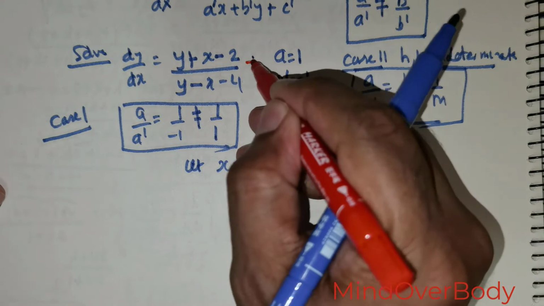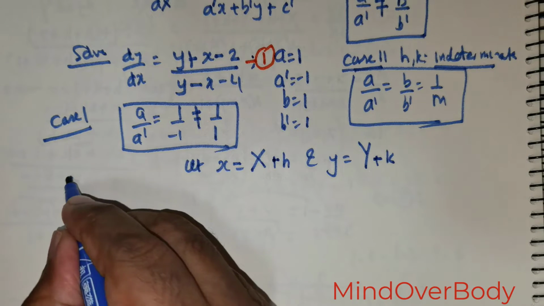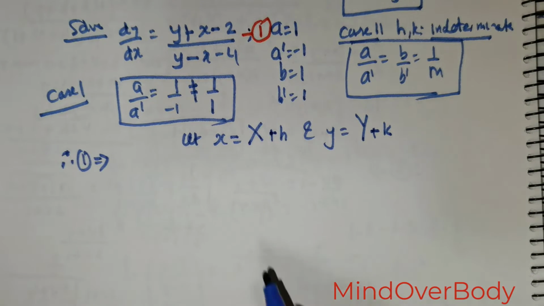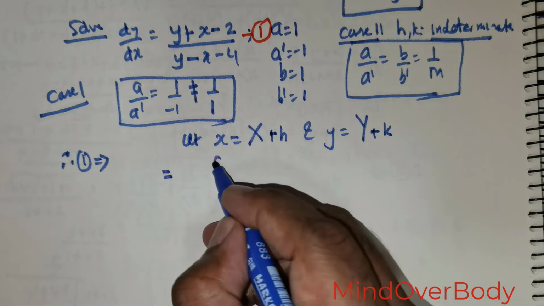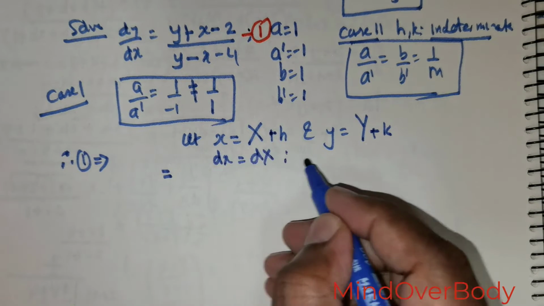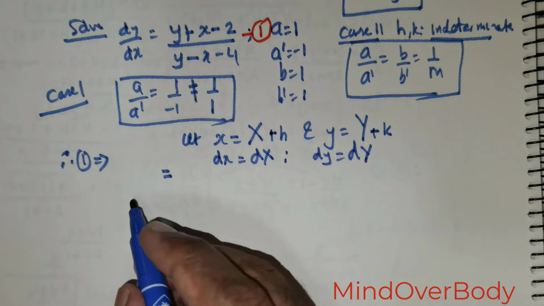Now when we make this substitution, if I take this as 1, I can rewrite 1 by putting these values in. But before I do that, I need to find what dx is. Now dx is equal to capital dX, and dy is equal to capital dY. That's also critical.